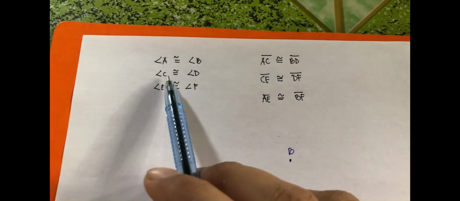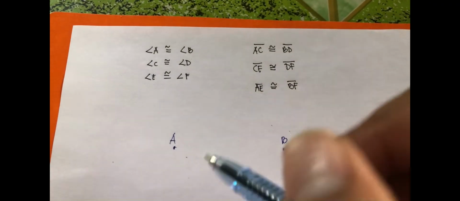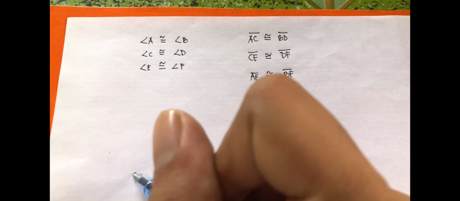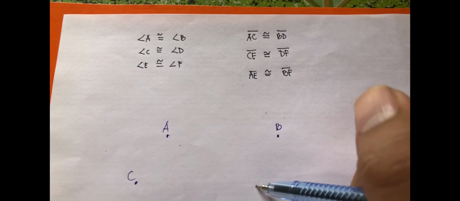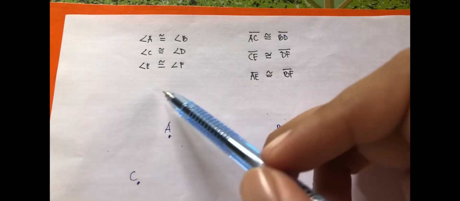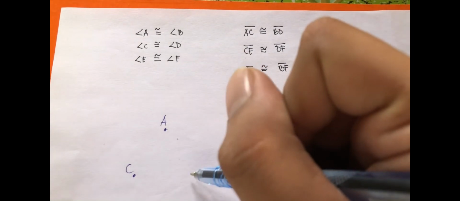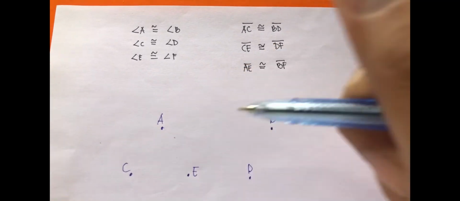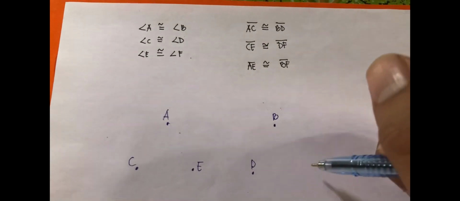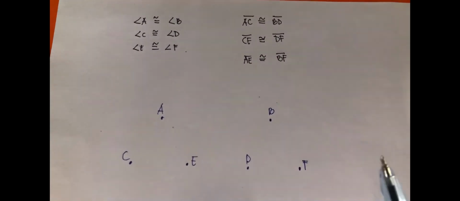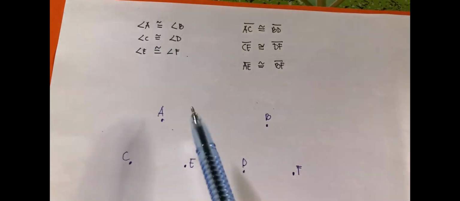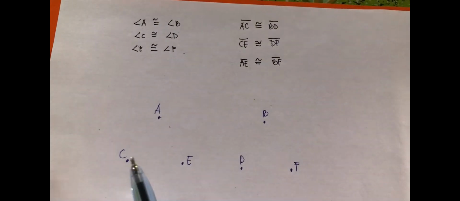Then our angle C or vertex C. And then on the other side, angle D or vertex D. Then we have E. And we have F. So these are our vertices or our given angles. So since A is congruent to B, C is congruent to D, E is congruent to F.